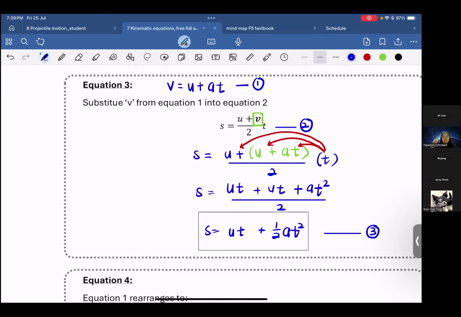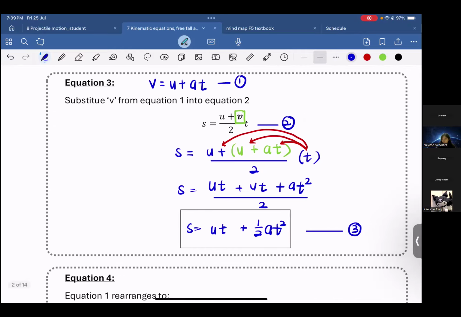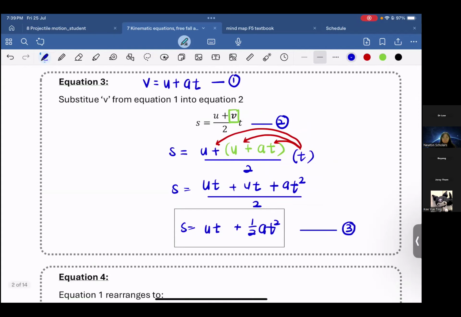In Form 4, we only learned this formula, but we didn't learn how to derive it. In AS, we need to know, okay? They like to ask us to derive. So this one is equation number 3.